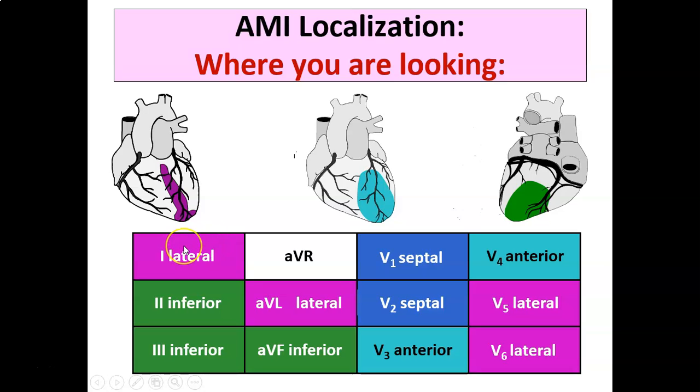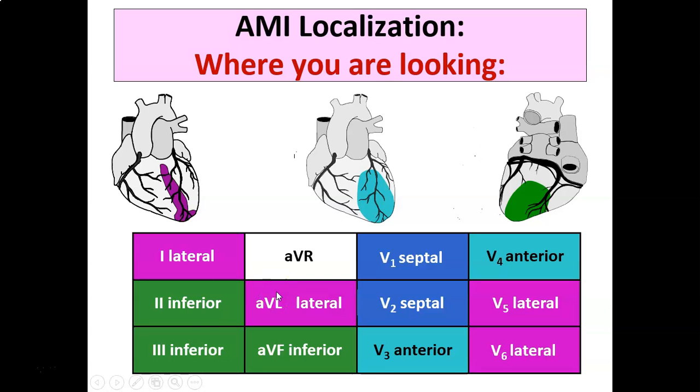If you see ST segment changes or ST segment elevation in lead 1, then you have to look at aVL, then V5 and V6, because they are anatomically related areas, and these are labeled as the lateral wall of the left ventricle. Any ST segment elevation in this area is known as lateral wall myocardial infarction.